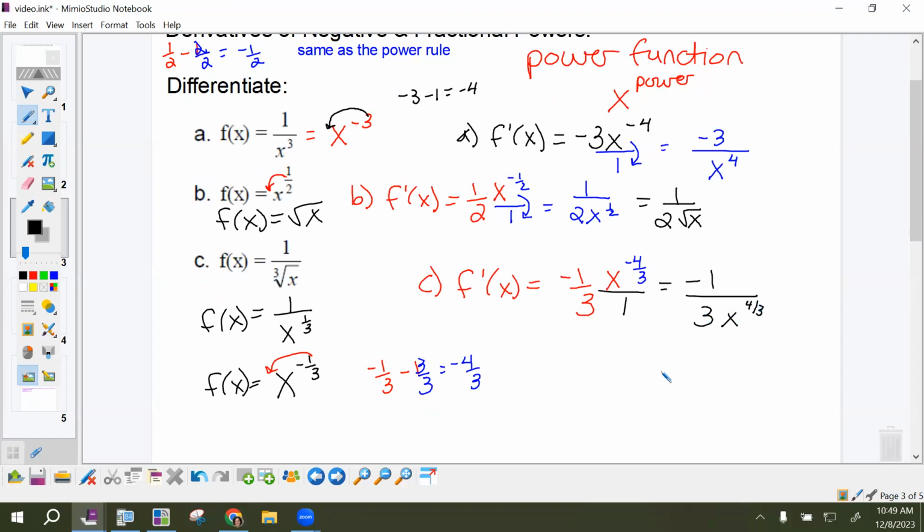I think I want to write that again as a radical. So this denominator is going to be the cube root of x to the 4th. I don't know, they're interchangeable. We can say either. Both of them are fine.